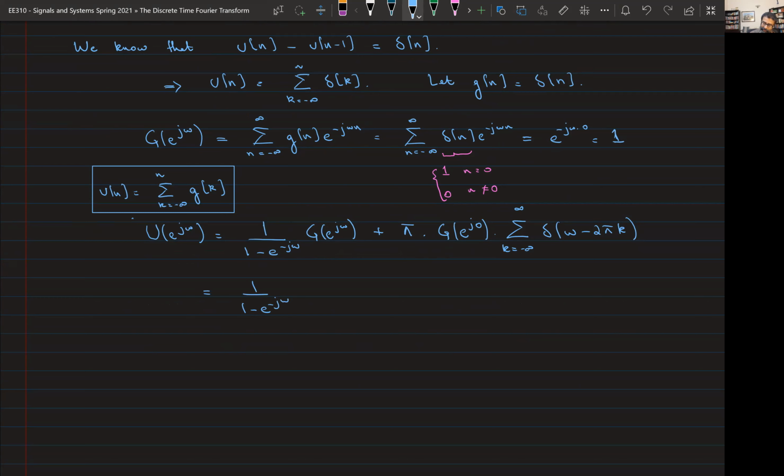G of e raised by j omega is 1. So therefore, this is pi and summation. And this is U of e raised by j omega. Right, so this is the Fourier transform of a unit step function in the discrete time domain.